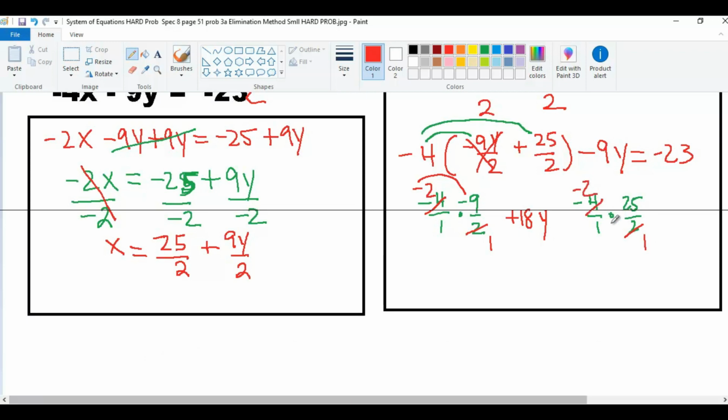And if we do our math correctly, negative 2 times 25 is going to be negative 50. And so what we're going to have here is 18y minus 50. And we just write the rest of this problem down here, which is negative 9y equals negative 23. So this is where we are now.